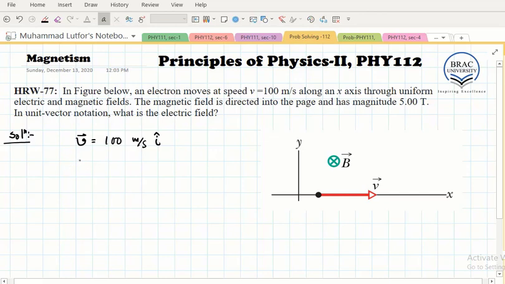We assume x is the positive z-axis direction, so into the screen would be the negative z-axis. So the magnetic field would be minus 5 Tesla k hat.